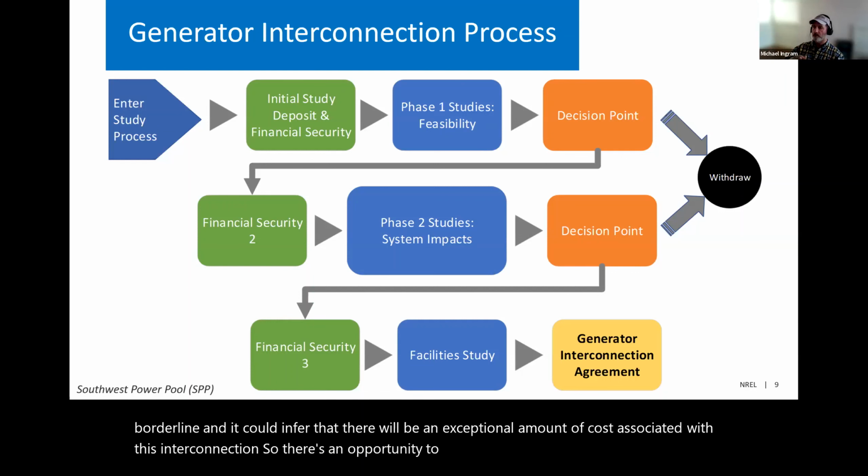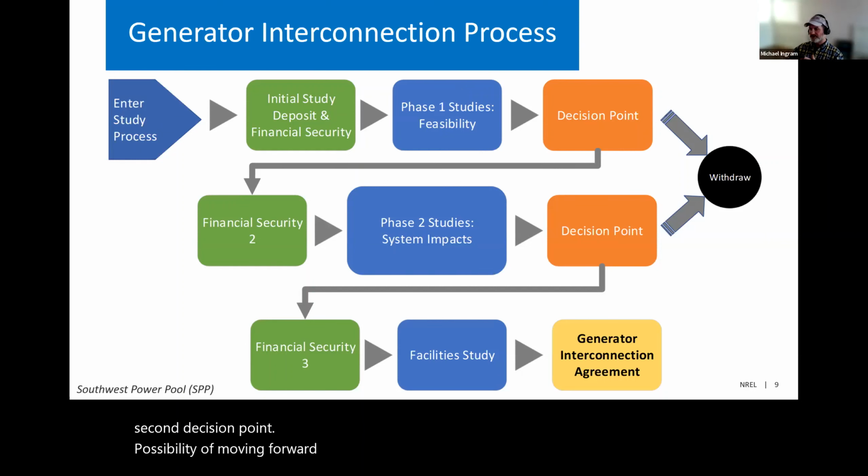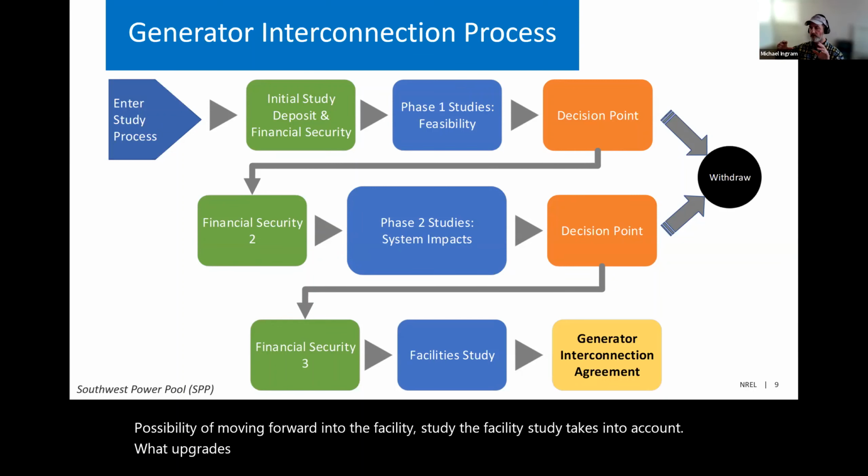If you continue forward, there's an additional investment by the applicant, and system impact studies are undertaken. Finally, a second decision point, with the possibility of moving forward into the facility study. The facility study takes into account what physical upgrades might be required to mitigate the system impacts that were identified.